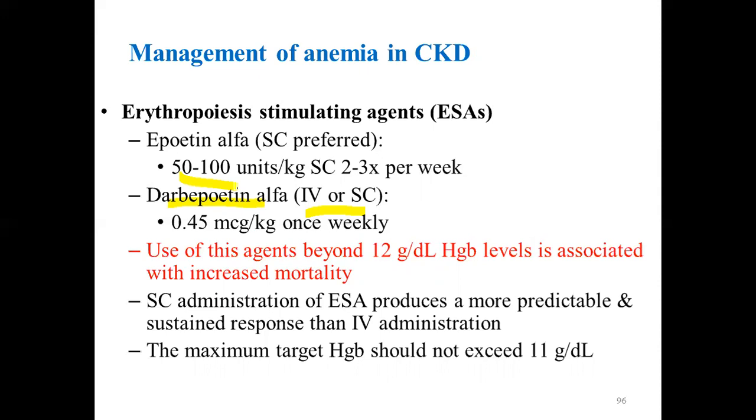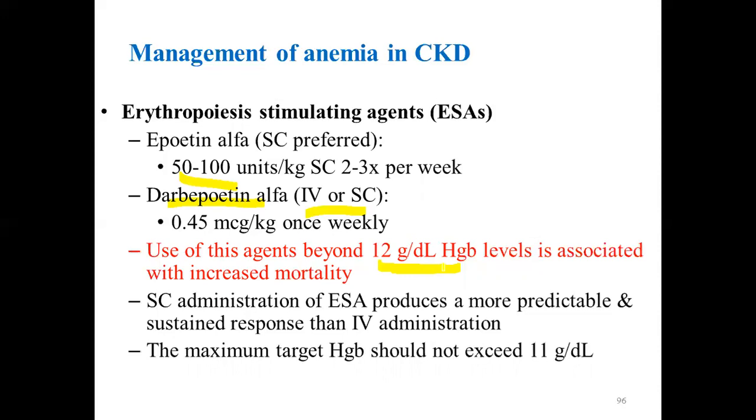Most of the time, as I mentioned before, all other causes should be corrected before we initiate, because of the risk. Use of this agent beyond 12 grams per deciliter is associated with increased mortality. Remember, when you continuously replace erythropoietin, it can cause hypertension.